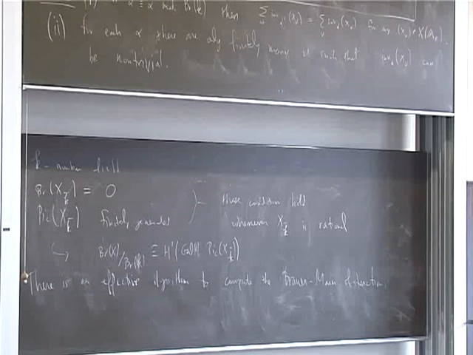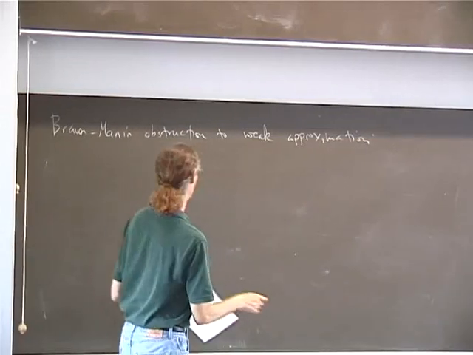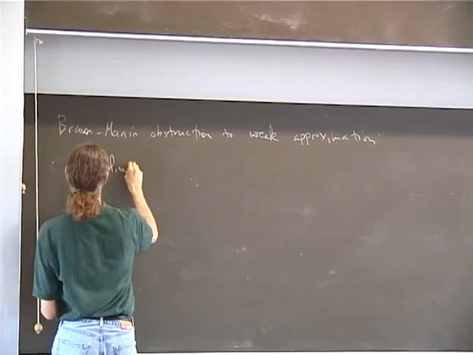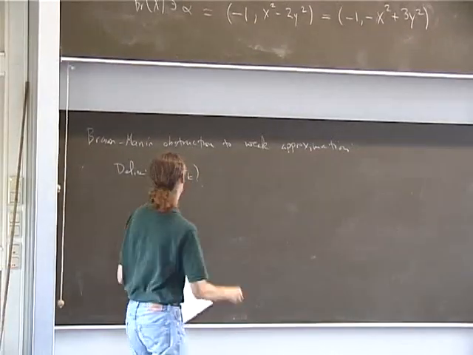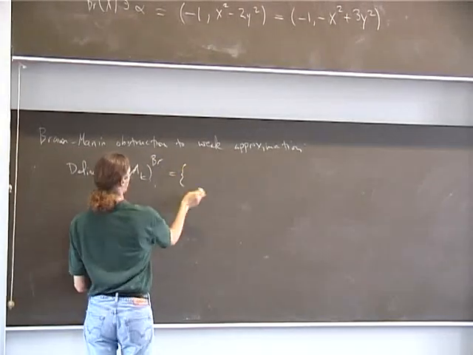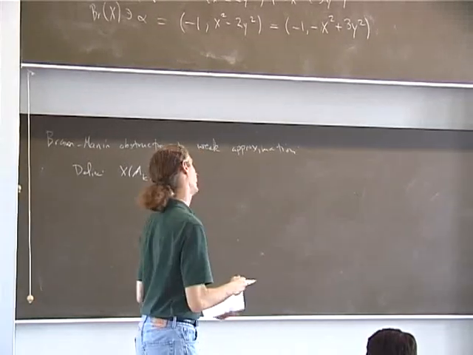Okay, there is also a Brauer-Manin obstruction to weak approximation. So there's a statement called weak approximation, and I'll state it as follows. We know what adelic points are, and then you define X(A_K)^Br to be the set of adelic points that are not obstructed by any element of the Brauer group.